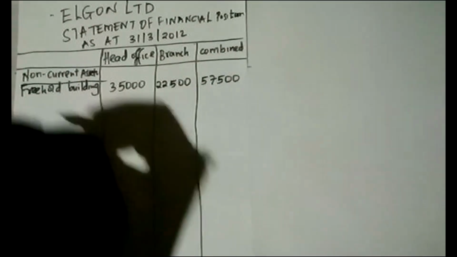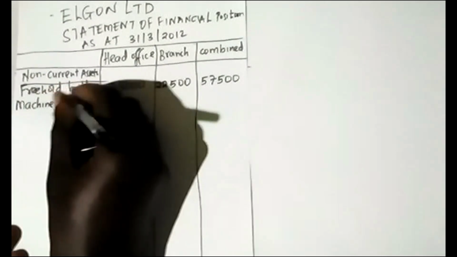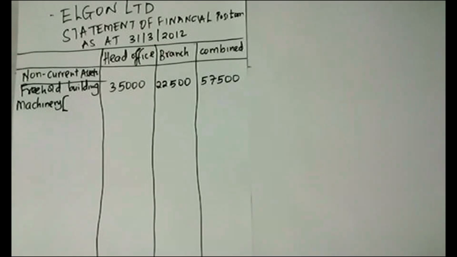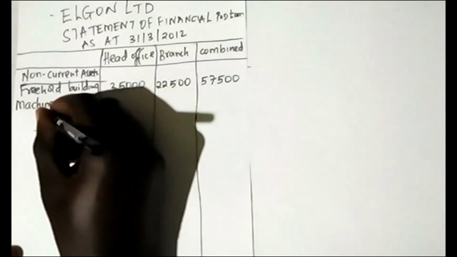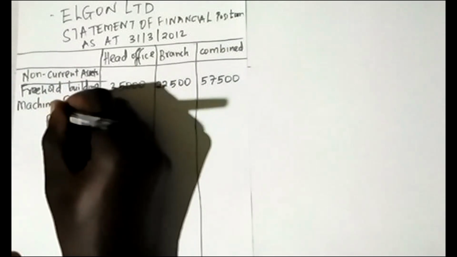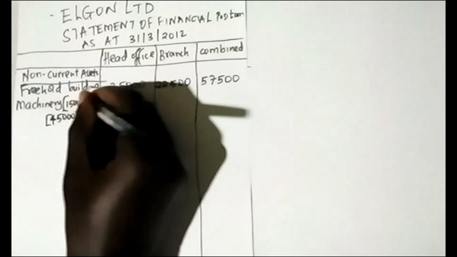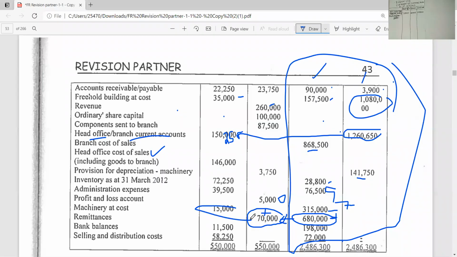Then another asset is machinery. But remember, machinery was having a depreciation. So the machinery under the head office is 15,000. And under the branch is 45,000. Because for the head office, I have just picked the one you have in your question, the 15,000.